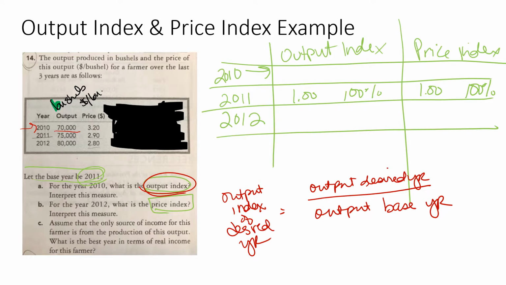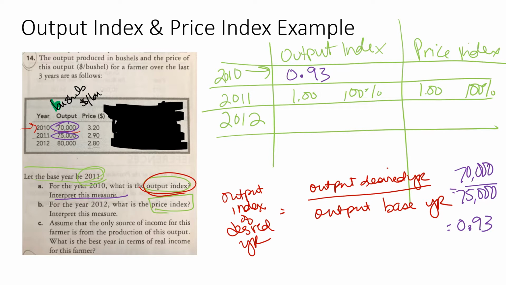Okay, the output of our desired year is 70,000. The output of our base year is 75,000. 70,000 divided by 75,000 equals 0.93. And then it says interpret this measure.